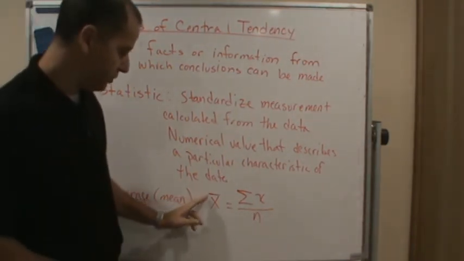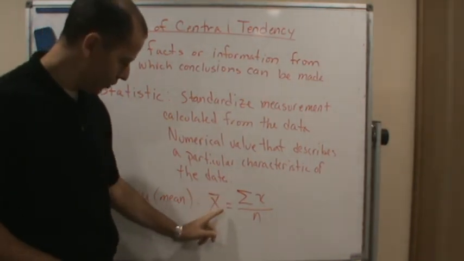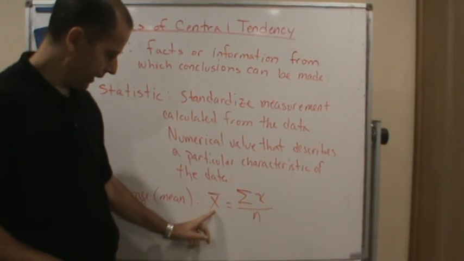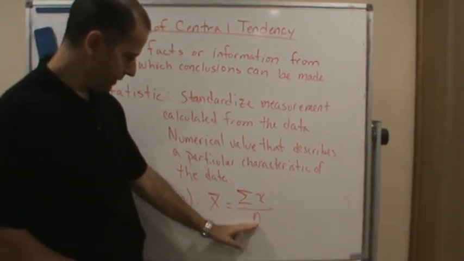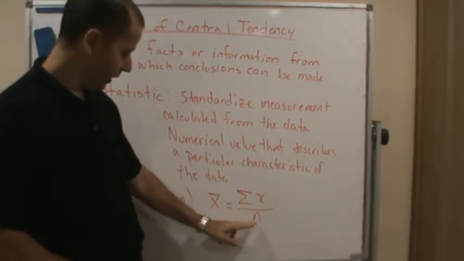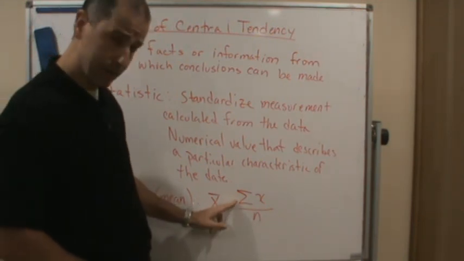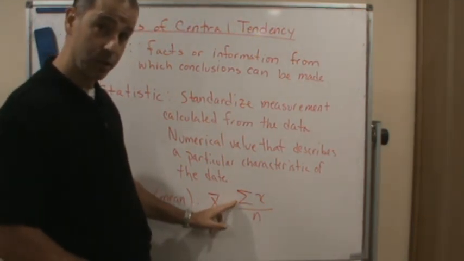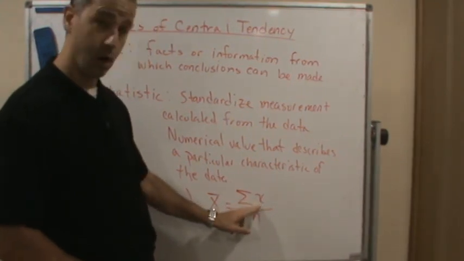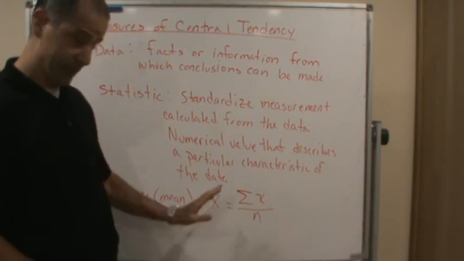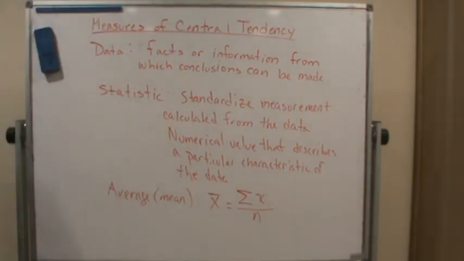In statistics we use x bar to denote the mean of a data set. N represents the sample size, x bar represents the mean, and capital sigma represents summation, so we're summing up all the values of x in the data set. That's the formula for the mean.